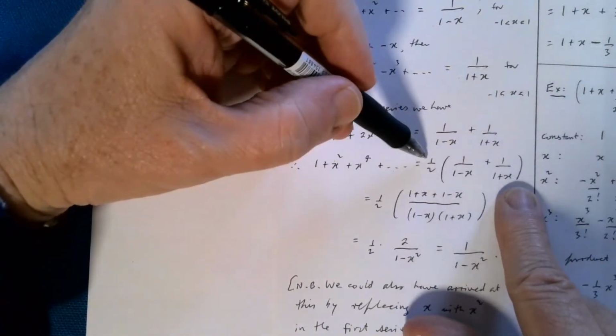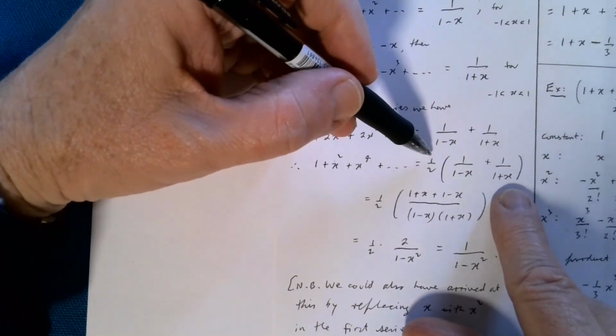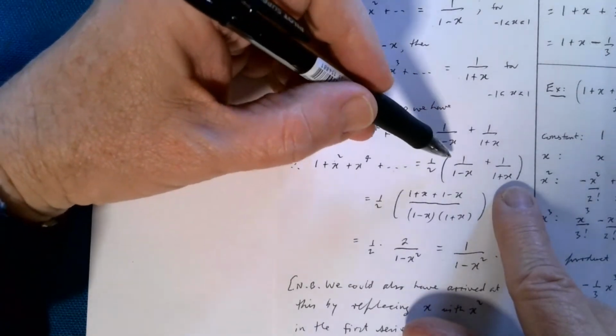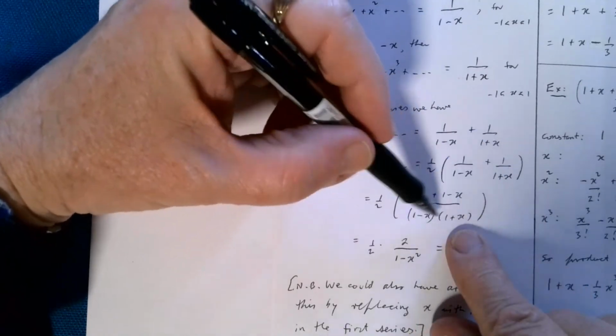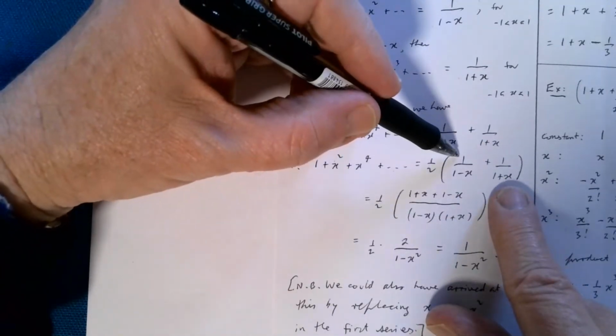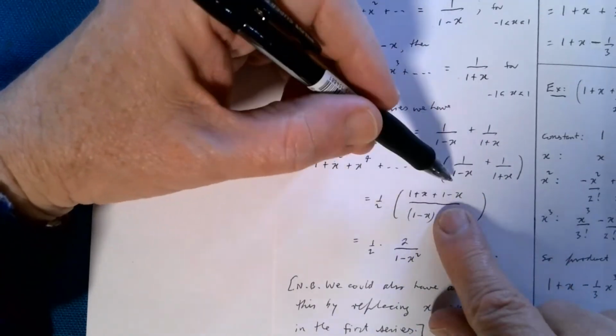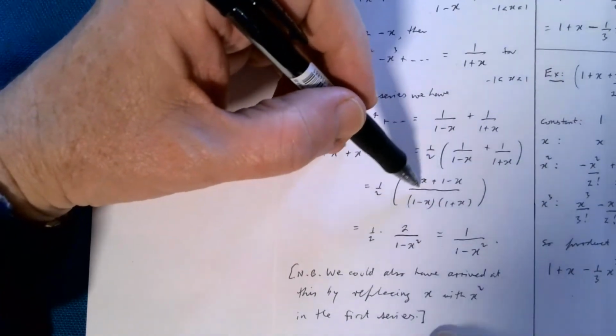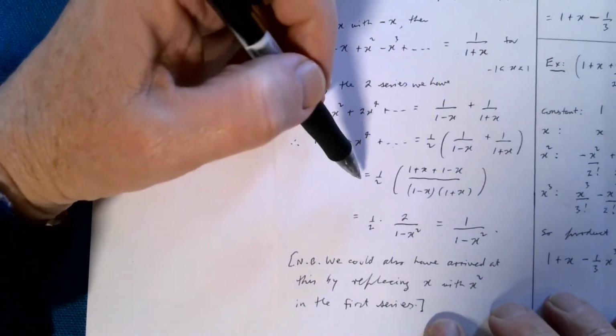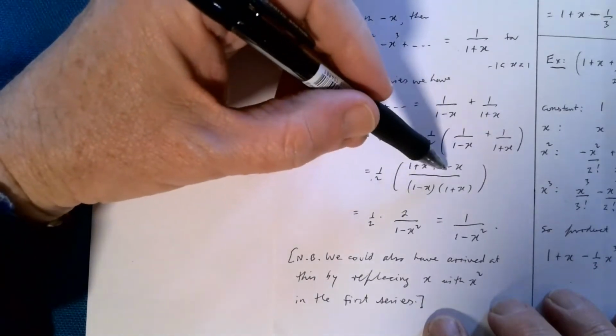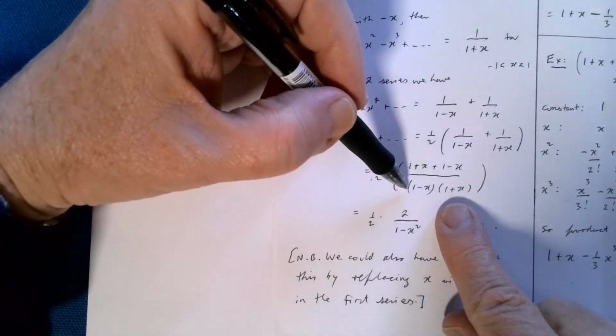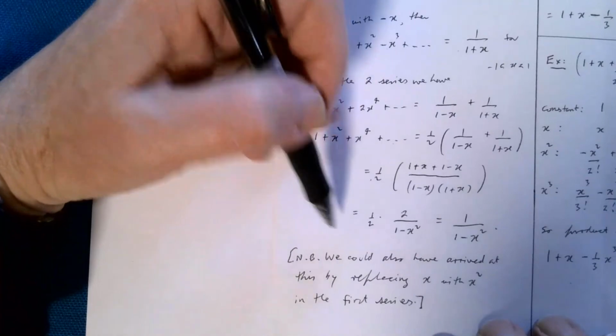You could leave it like that, but it does simplify nicely, so I thought I'd simplify it. I put it over a common denominator. We multiply these together. Then we get 1 plus x plus 1 minus x. The x's cancel. So I just get a half into 2 over, and this is a difference of two squares here, so this is just 1 minus x squared.